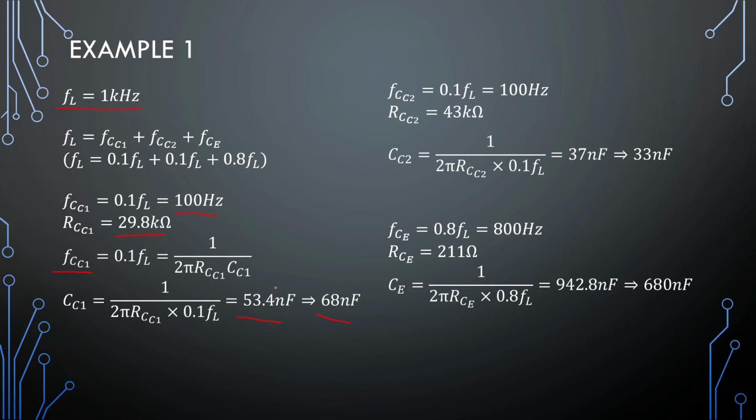If you choose a higher value, however, the frequency will move to a lower point. The next one is CC2. So we go through the same process and we get 37 nanofarads, and we choose the closest, 33 nanofarads. So this is a lower value than this one, so our frequency will move up again.